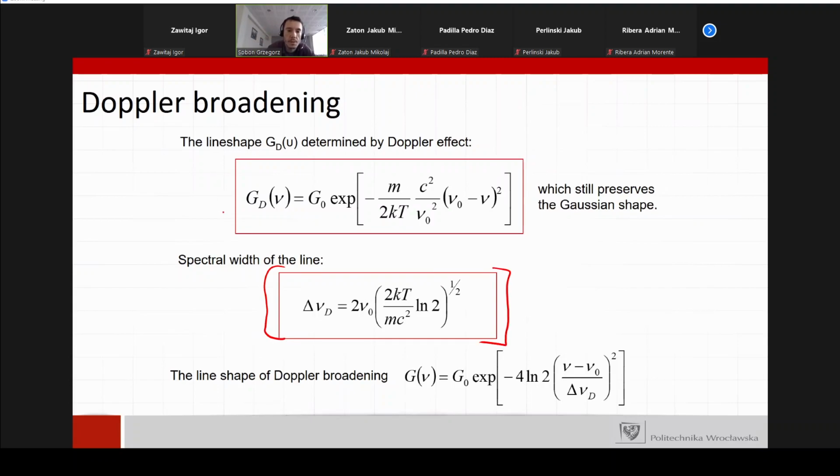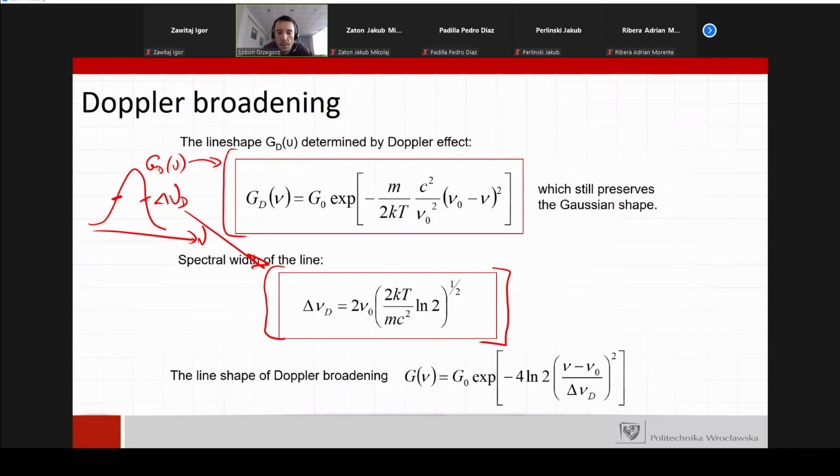So this function is the line shape, right? So this is the shape of this line, and this here is the calculation of the width.